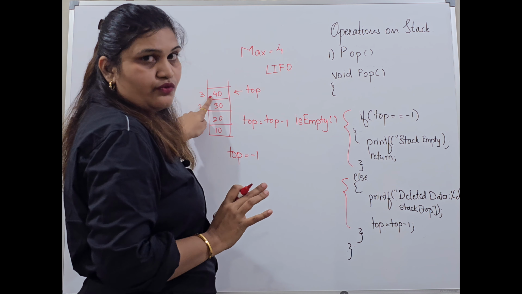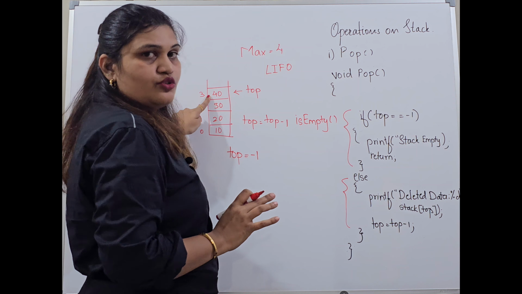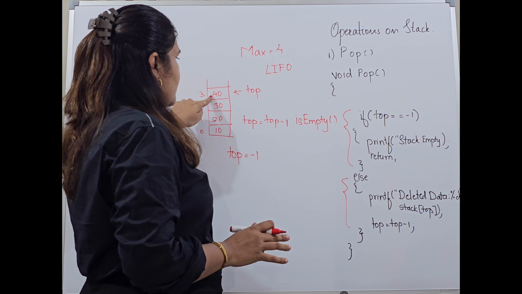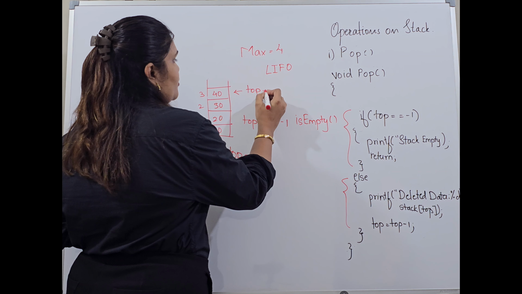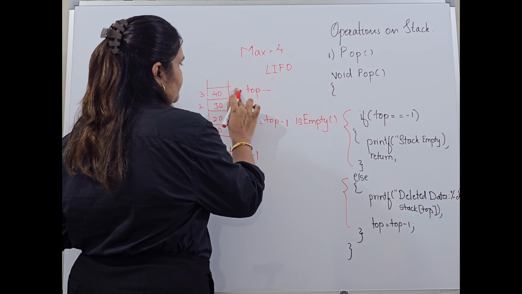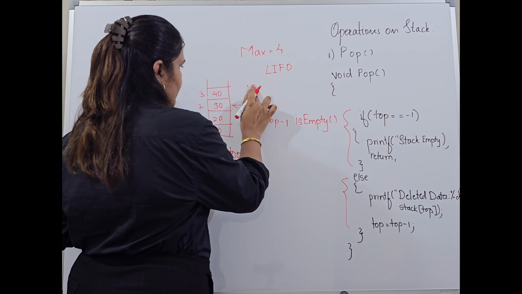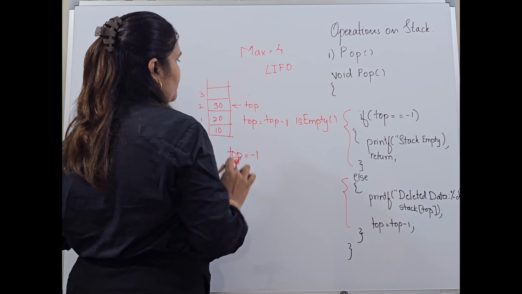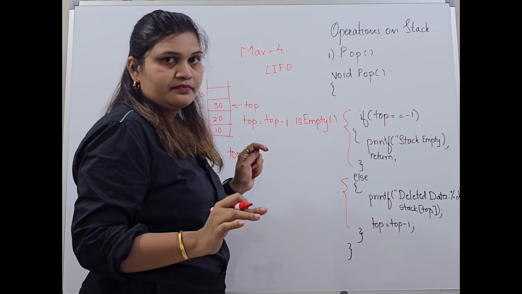So the last element here is 40, and that is the element that is going to be deleted. If I want to delete this element, I will just decrement my top, so my top would be pointing to this, and automatically this particular element is deleted.